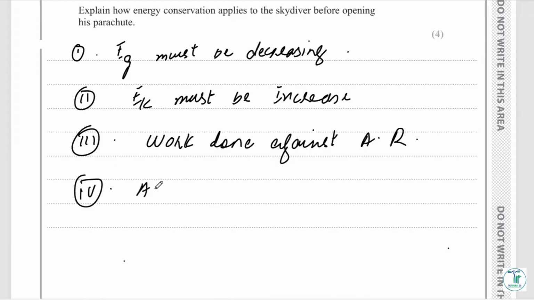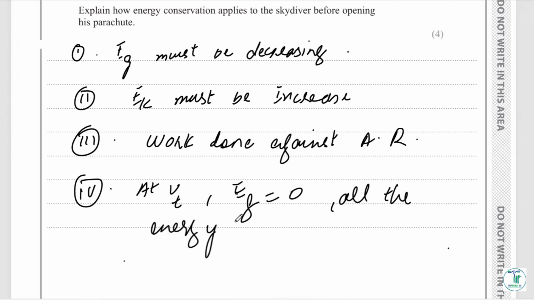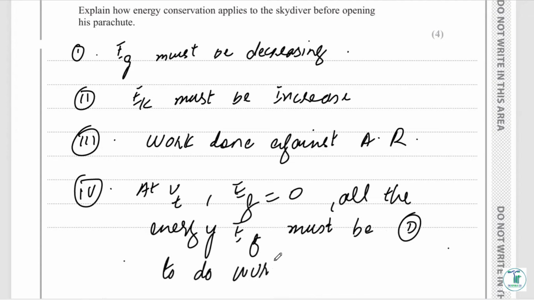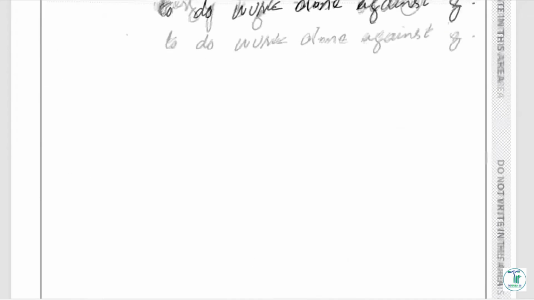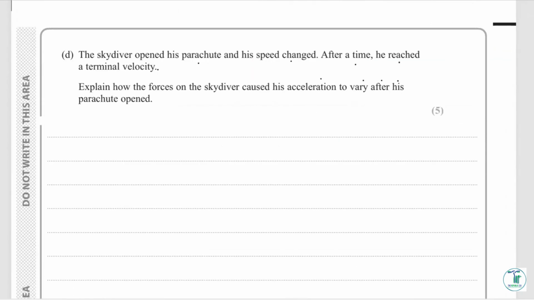So at the terminal velocity, all the gravitational potential energy must be dissipated to do work against the air resistance. That is what we all need to know about. Got it?